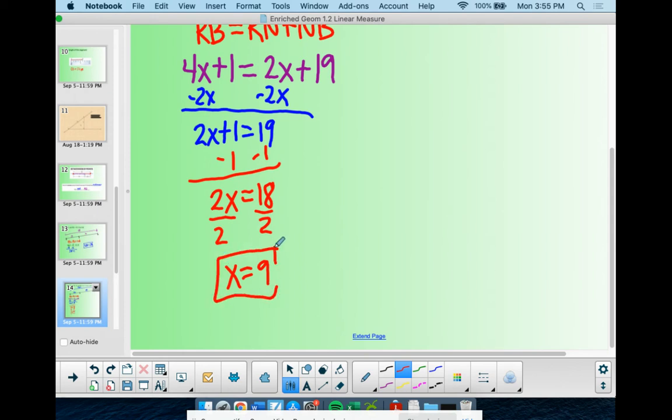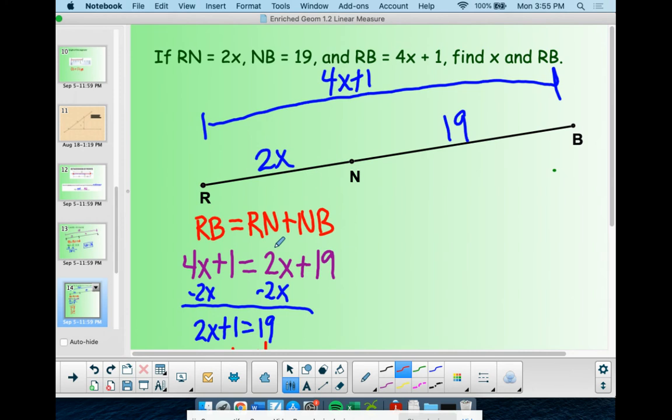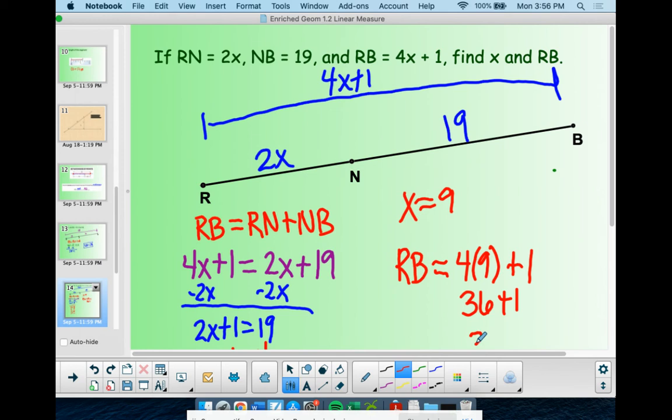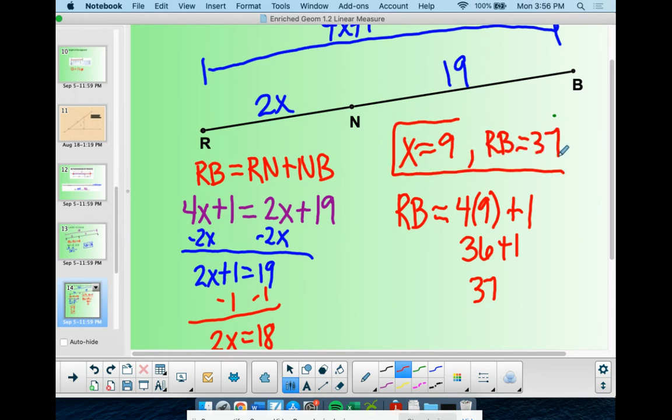Is that what they wanted us to solve? Let's make sure we answer the question. Find x and RB. We just found x to be 9, and then for RB we can plug in. RB equals 4 times 9 plus 1. 4 times 9 is 36, plus 1 is 37. So there we go, folks. x equals 9, RB equals 37.